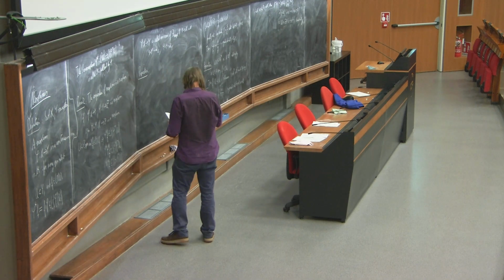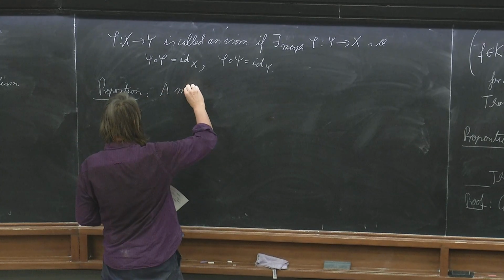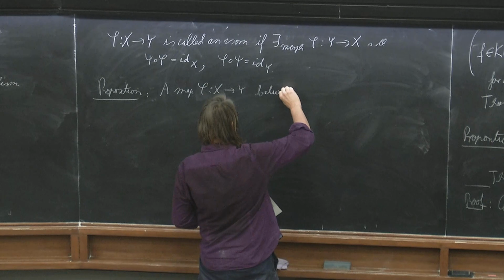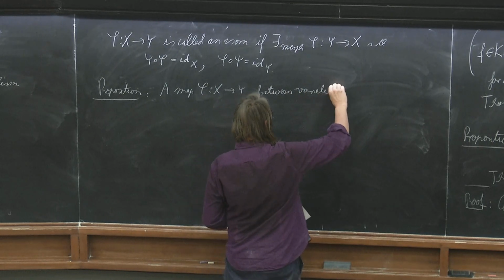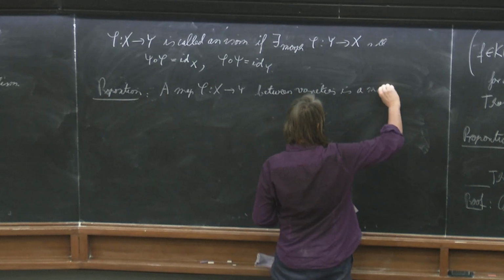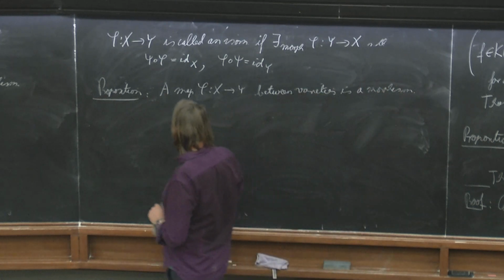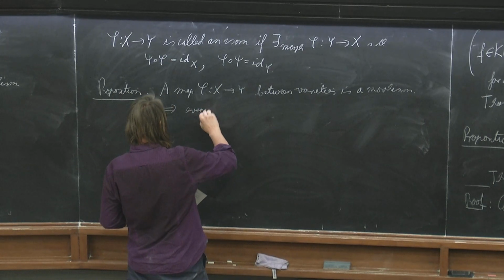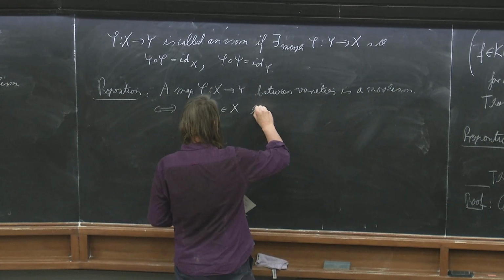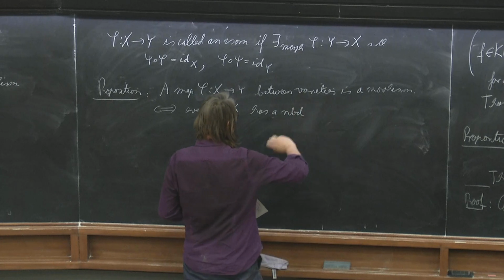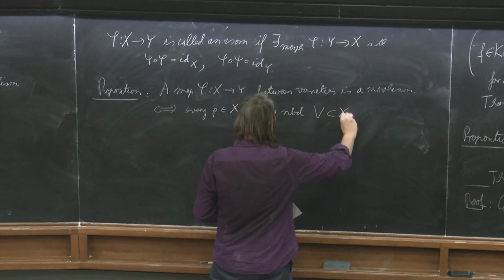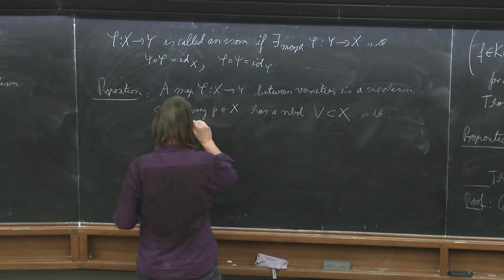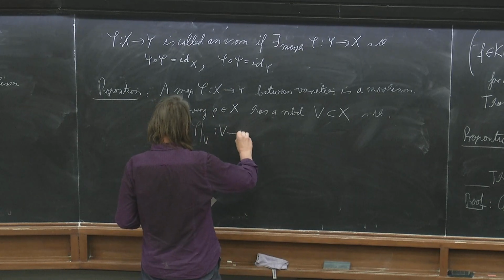So a map phi from X to Y between varieties is a morphism if and only if every P in X has a neighborhood V of P such that phi restricted to V, from V to Y, is a morphism.